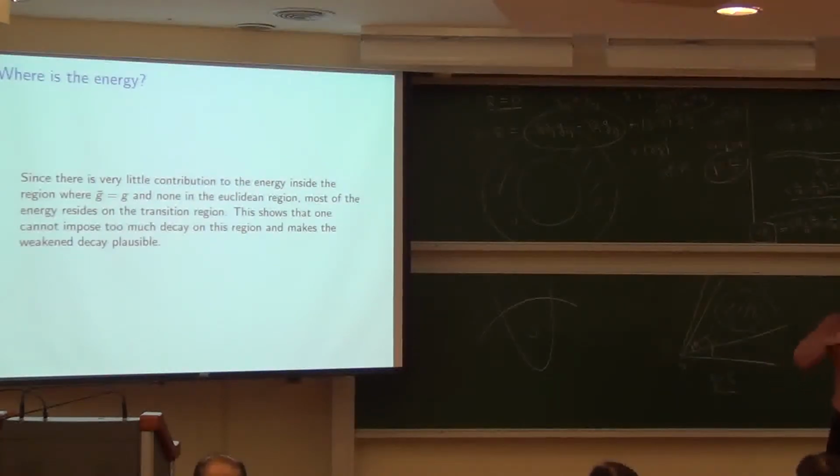Remember the term that gives you the energy involves a derivative of the metric. If that derivative were bounded by r to the 1 minus n, then there would be a very small contribution there. So the fact that the decay is a little weaker allows the possibility of a lot of energy there. Okay, and so that's actually what happens in this approximation.